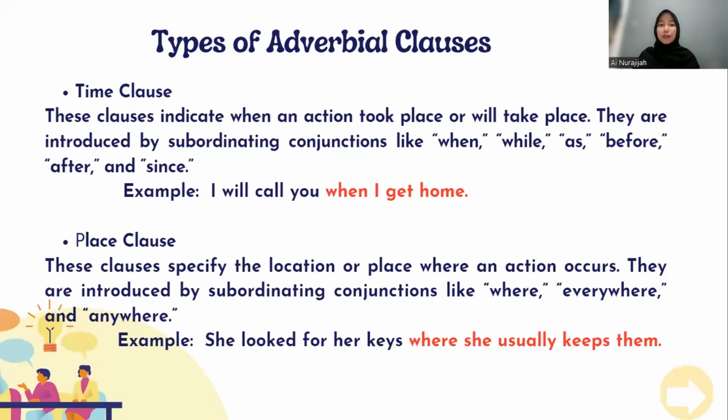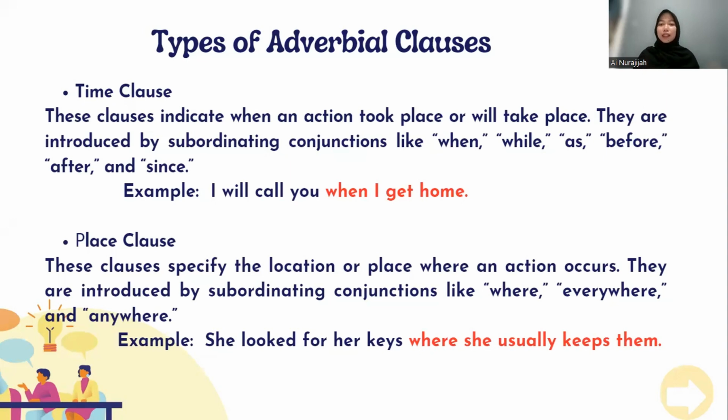So there are several types of adverbial clause. The first one is time clause. These clauses indicate when an action took place or will take place. They are introduced by subordinating conjunctions like when, while, as, before, after, and since. For example, I will call you when I get home.